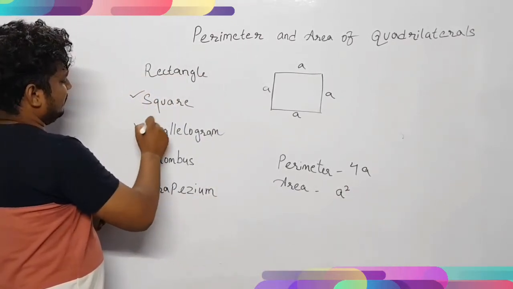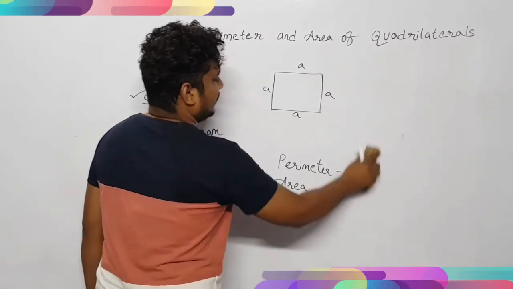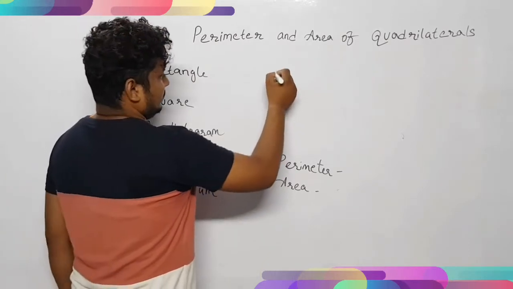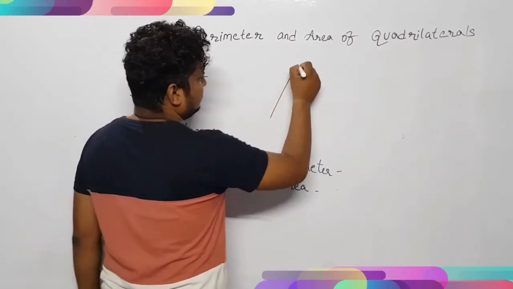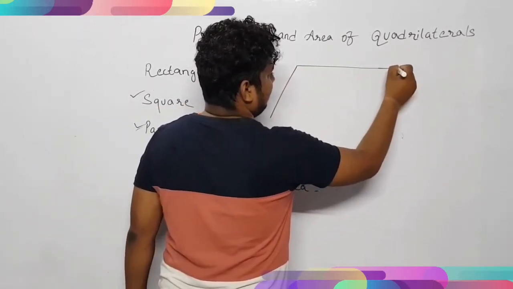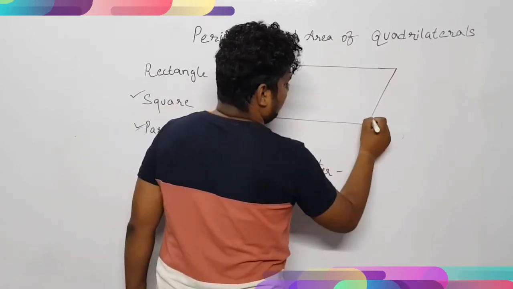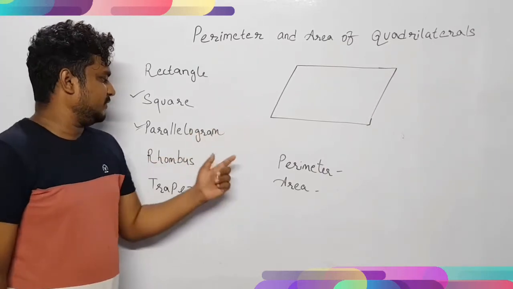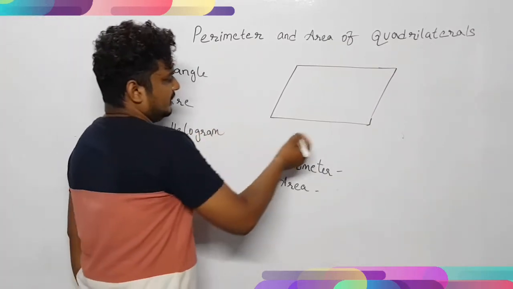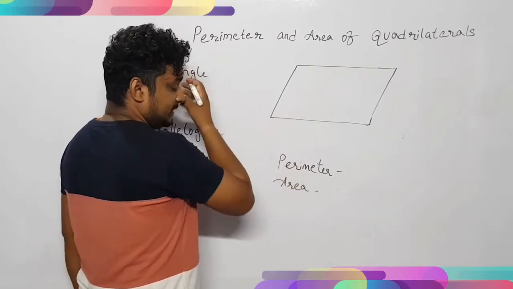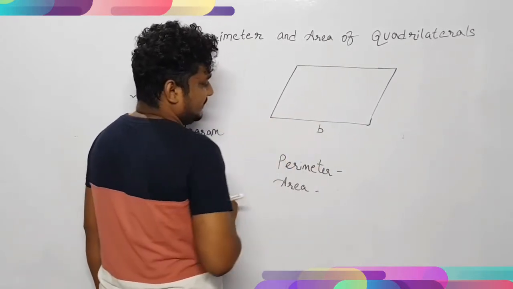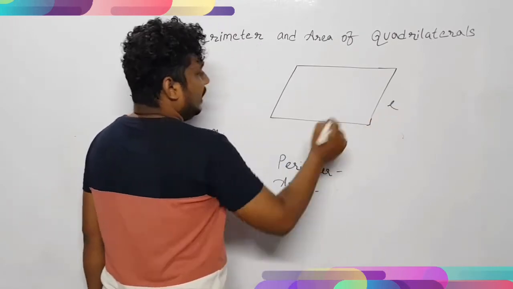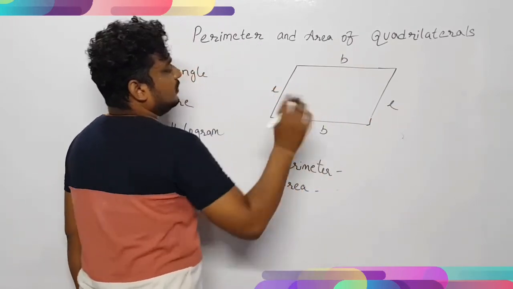For this particular parallelogram, what do we need to do for finding the area? A parallelogram is a figure like this. Suppose this side is L and this side is B. In a parallelogram, opposite sides are equal and parallel.